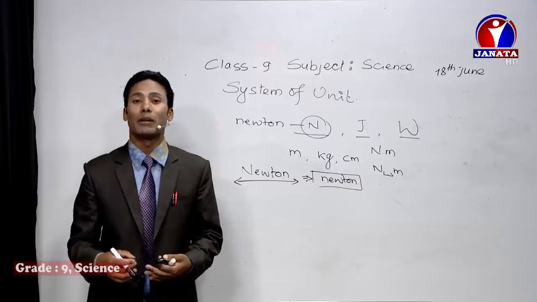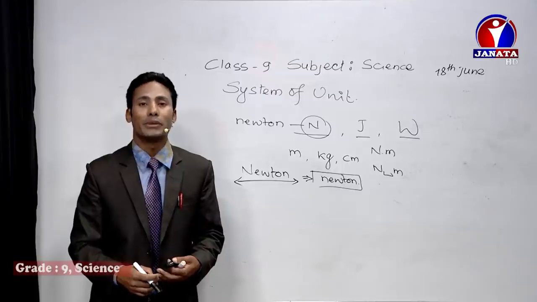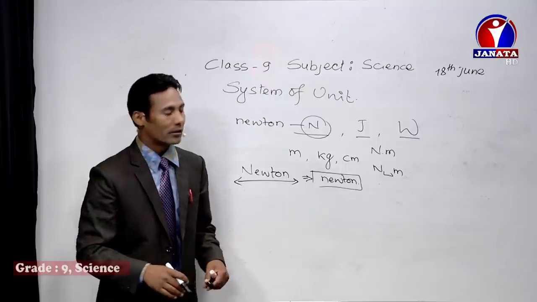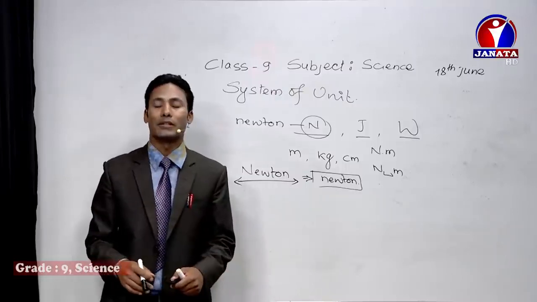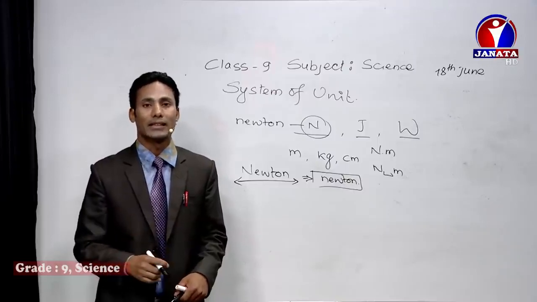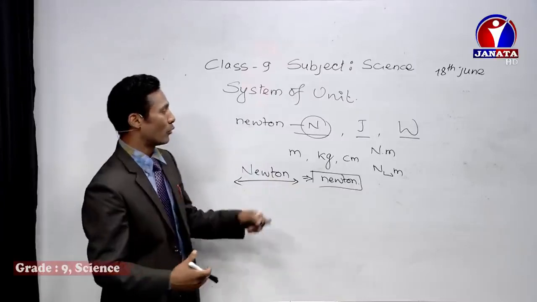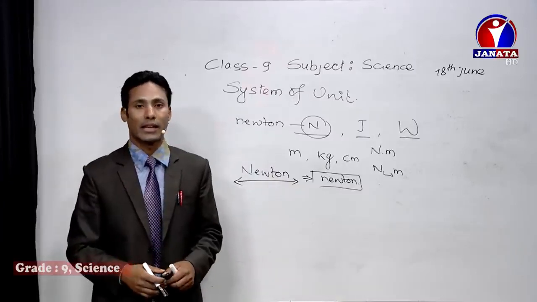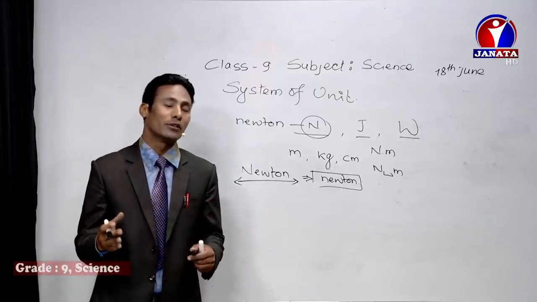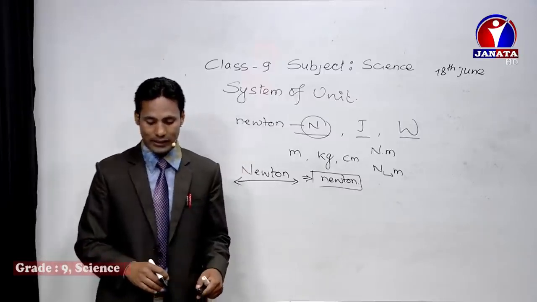And the different systems of units like the CGS system, MKS system, FPS system, and the SI system of units. Some of this you have discussed in previous classes also, like in grade 6, grade 7, and in grade 8 you might have learned that. We have continued, and some more things also we have discussed. And we have also learned how to write the symbol of the units in the proper way.